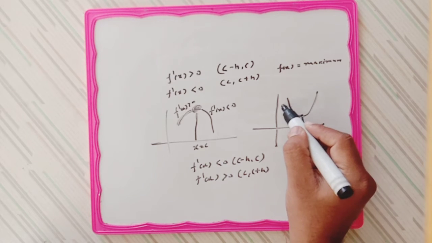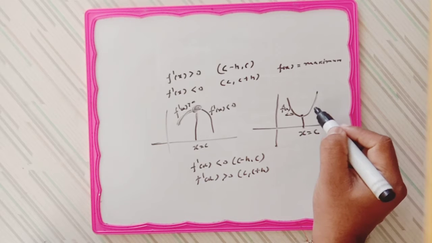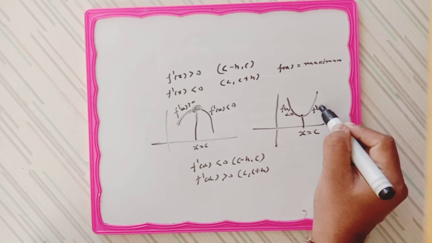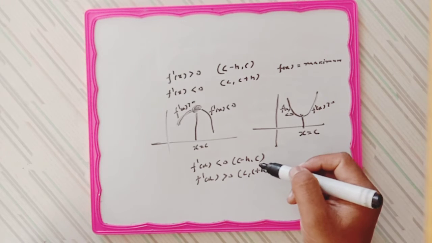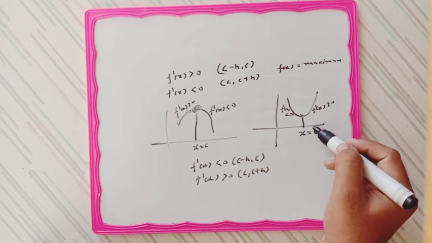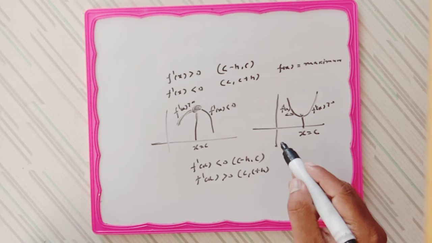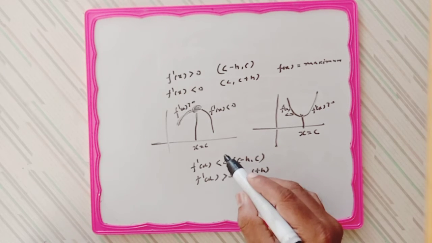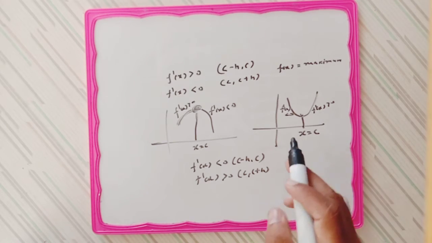Means f dash x becomes less than 0 on the left side of c, and f dash x is greater than 0 on the right side of c for x belonging to this interval, then we can say that at x equals c it has the minimum value. And if it is neither increasing nor decreasing, means there is no local maximum or local minima, and such a point is called point of inflection.